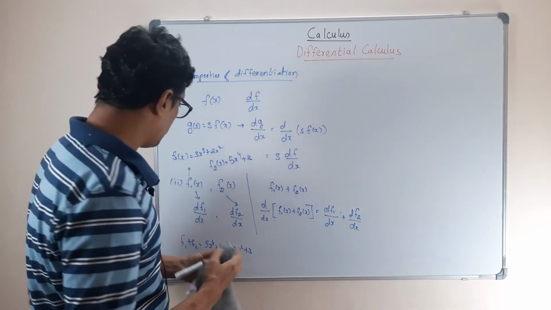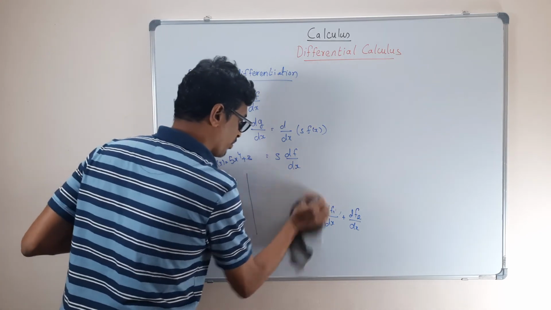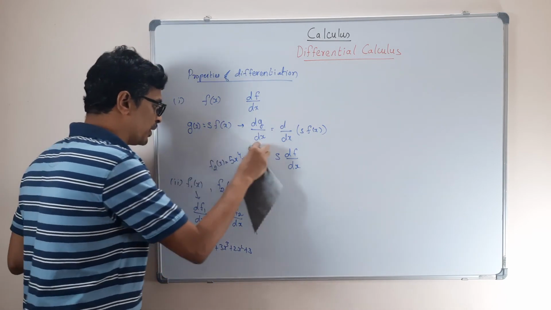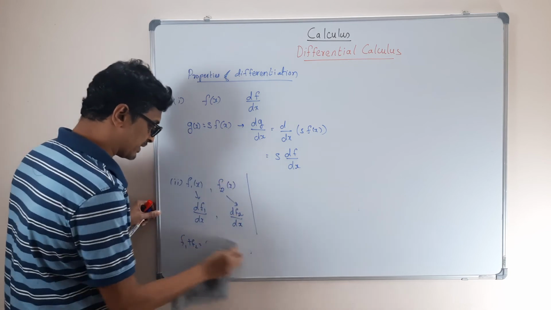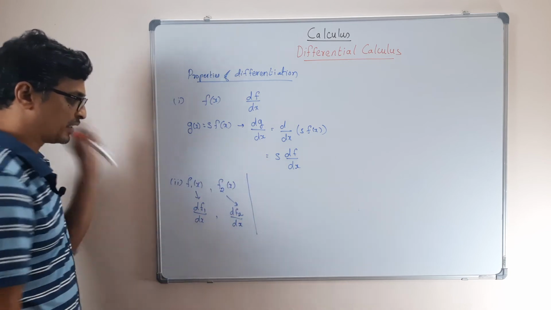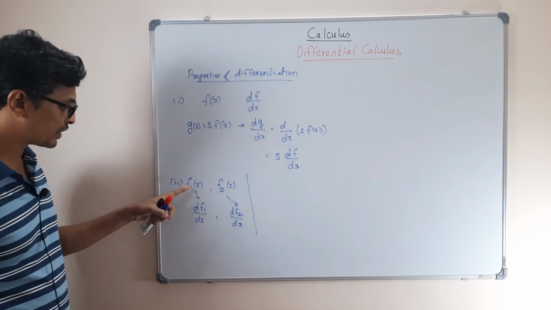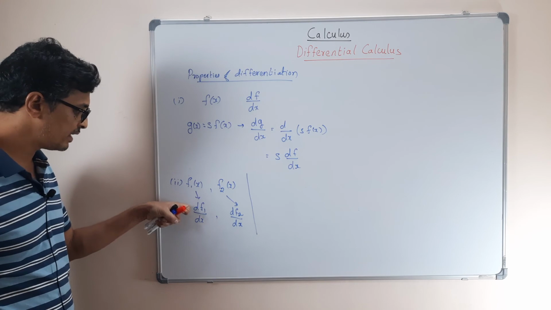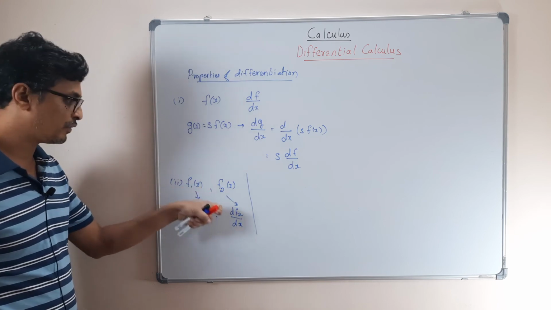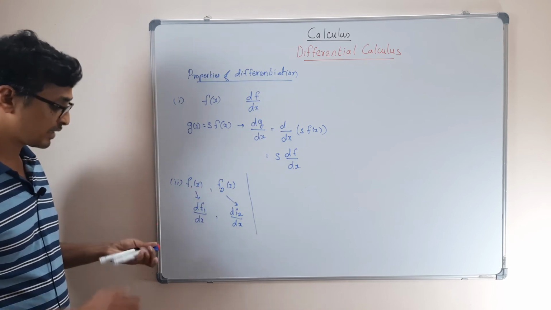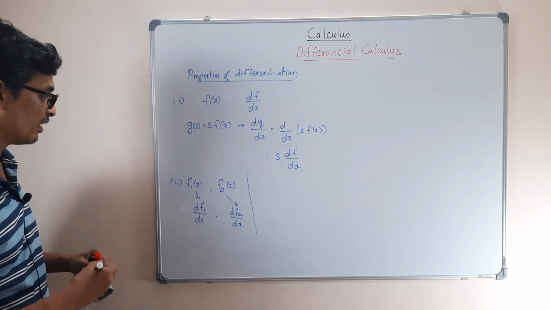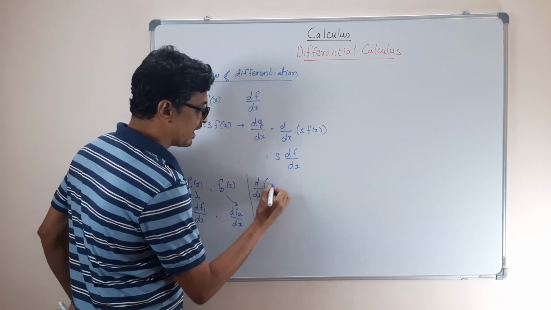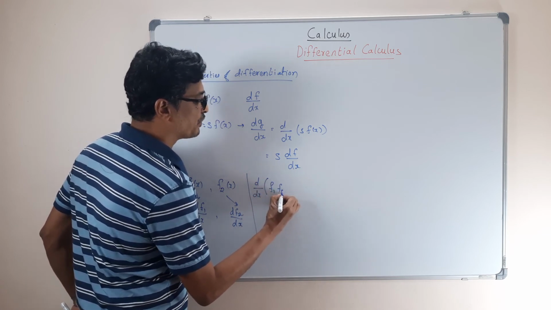If you have the same thing, I won't take an example because this is going to become complicated. So we don't prove it from examples like that. Suppose you are given two functions, f1 of x and f2 of x, and their corresponding differentials are df1 by dx and df2 by dx. I am asking what is the differentiation of d by dx of f1 into f2.